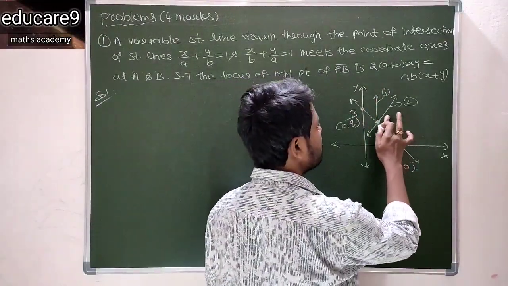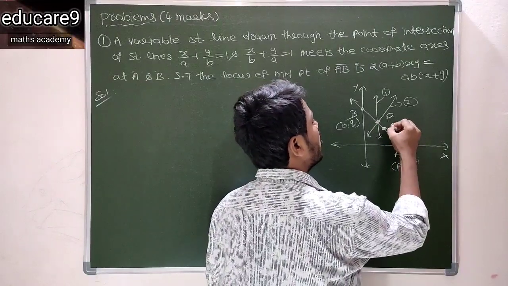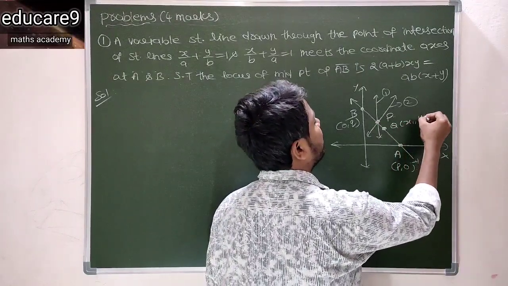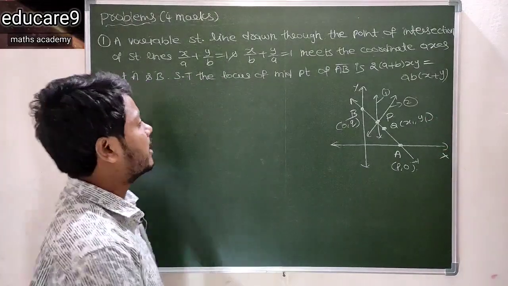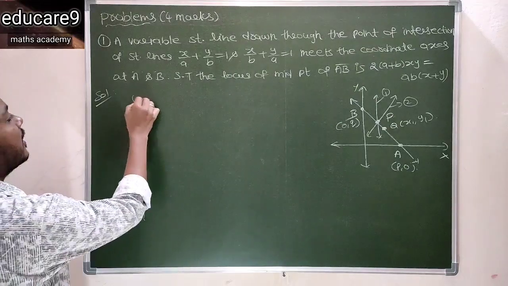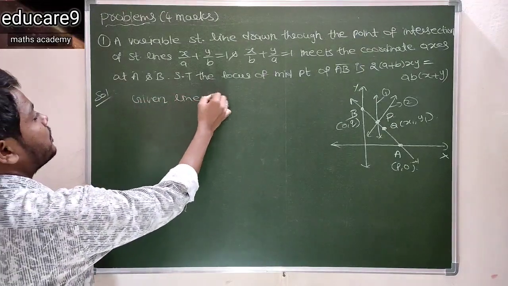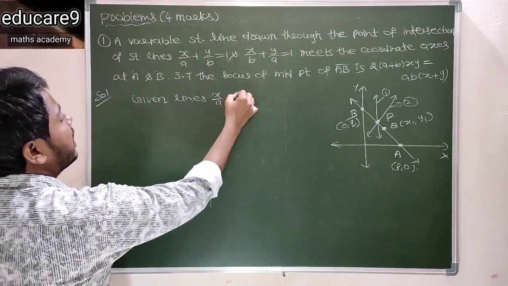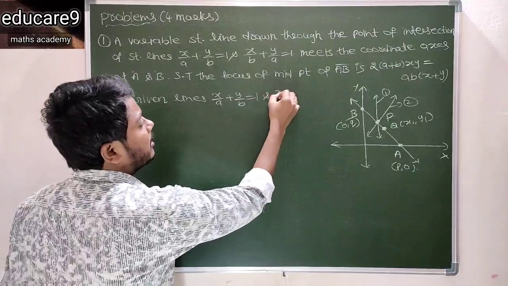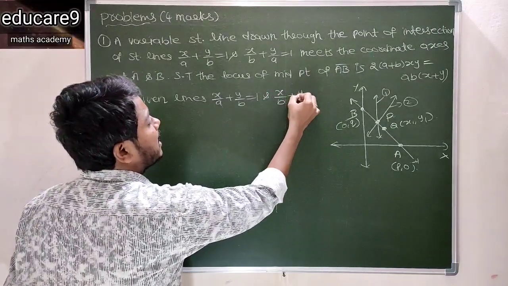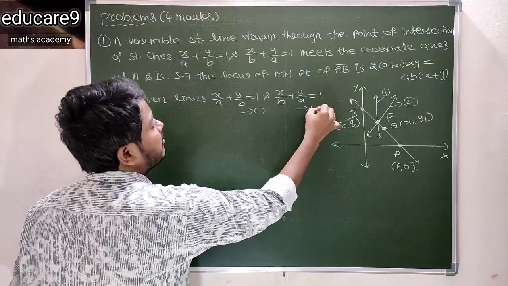Suppose Q(x1, y1) is the locus of the midpoint of AB. See here, the given lines are x/a + y/b = 1 and x/b + y/a = 1. So this is equation 1 and this is equation 2.